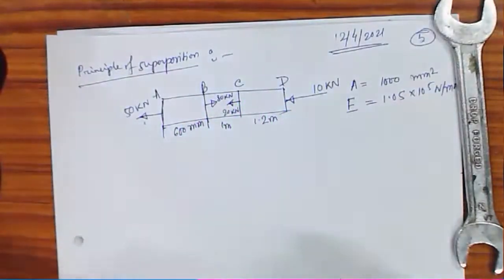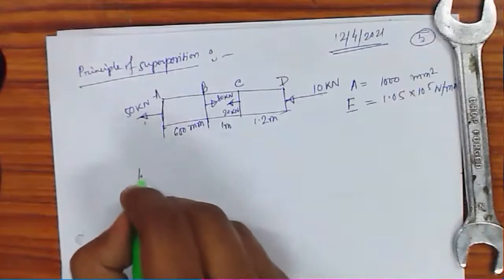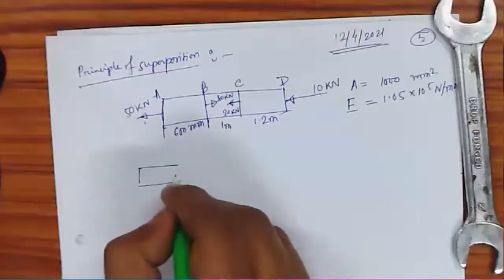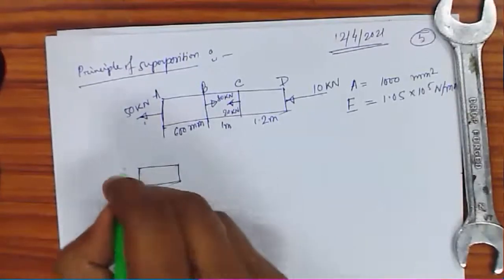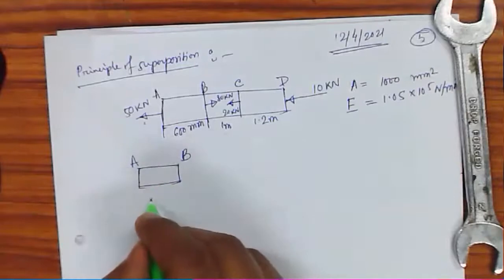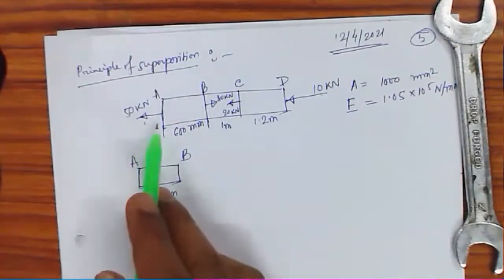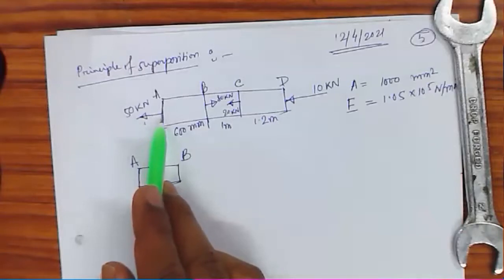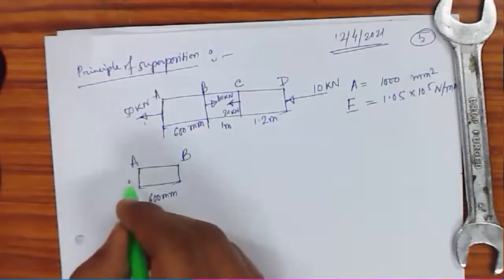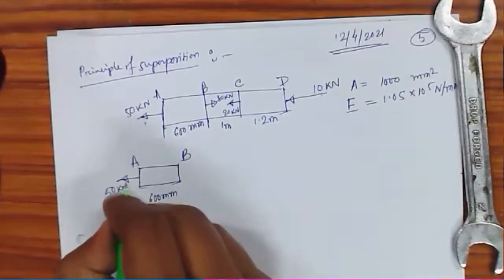Okay, when we bring out the sections, we draw them. First, we draw section AB. We take out section AB. It has length 600 mm. It has a force working on the left hand side of 50 kilonewton. There is nothing else, so we will write here 50 kilonewton.